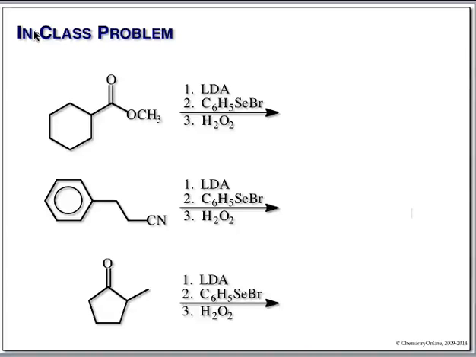Our enolate anion here is going to be right here at the ring junction, isn't it? That means the selenium is going to be bonded to this carbon. When we do the oxidation, we will pull off one of these beta hydrogens, either one, and we will form the alpha-beta unsaturated ester.